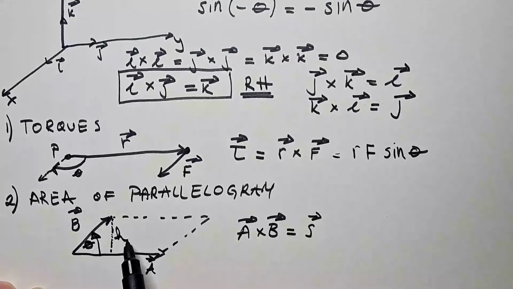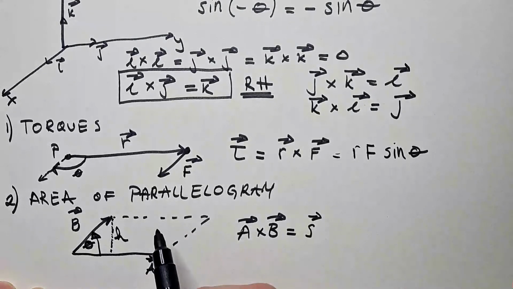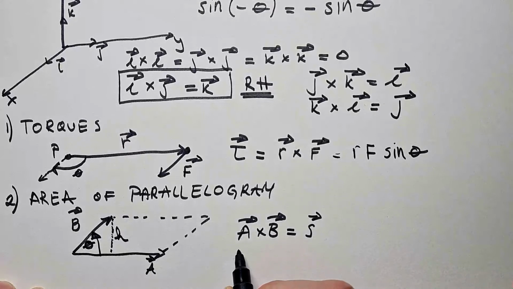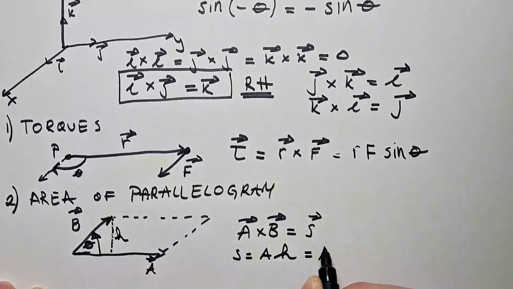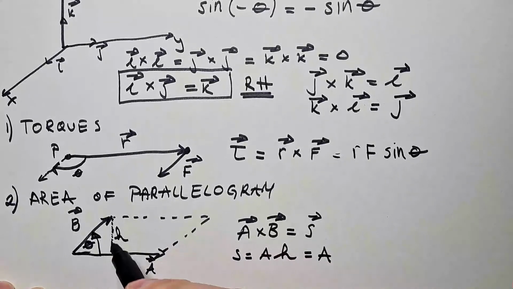What would be the area of this entire parallelogram? Let's call it S. Well, we know from elementary school that would be length of this side A times h. That is further equal to A times what is h?